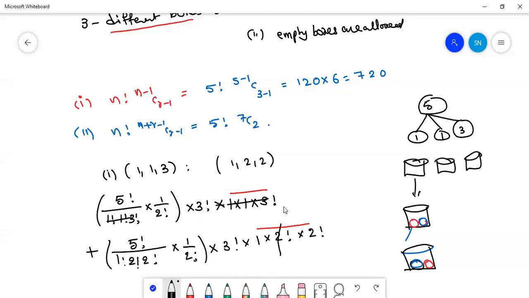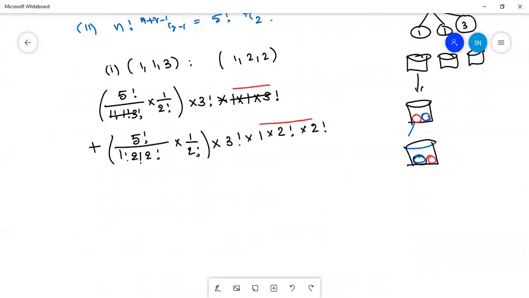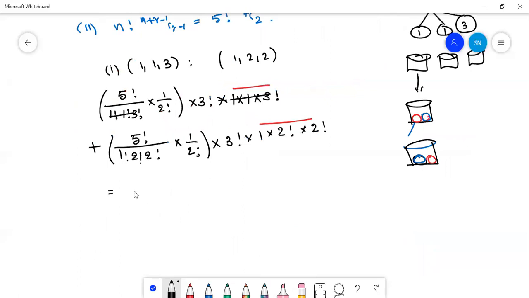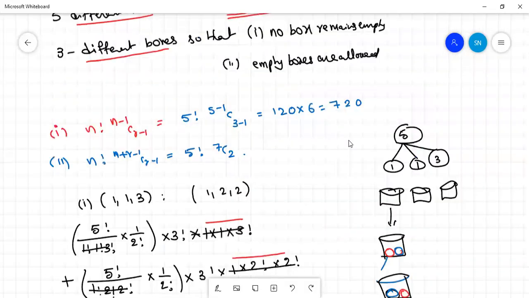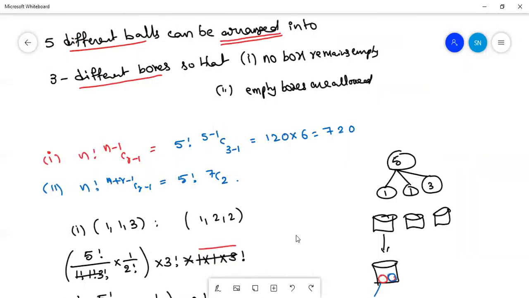And coming to the second part, this part is also 360. 2 factorial, 2 factorial will get cancelled. So here 60, again 60 into 6, that is 360. So 720. So when you divide them into the cases, that is what is happening inside this 720.